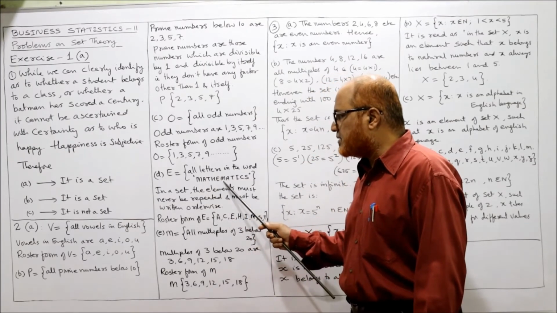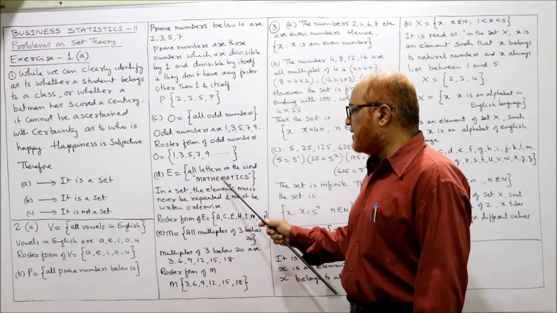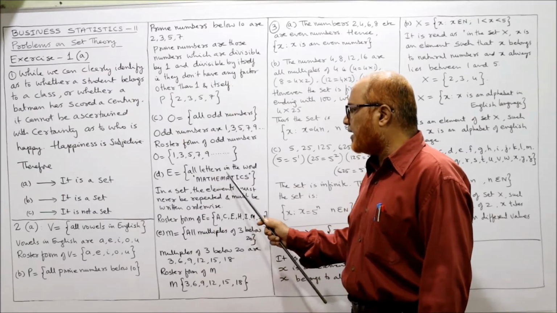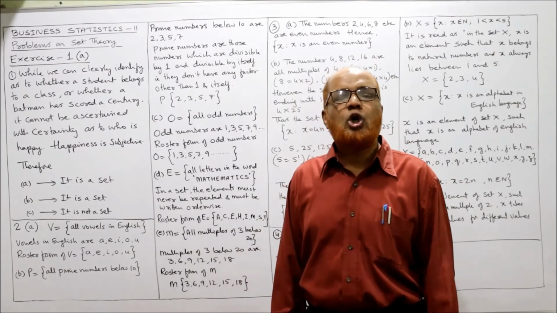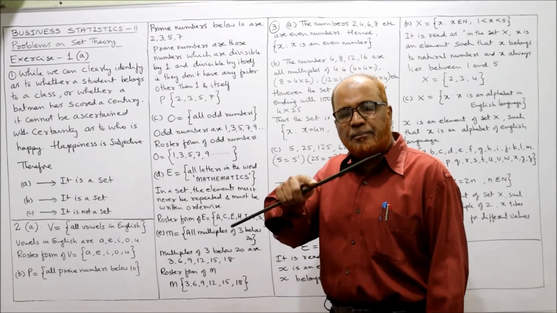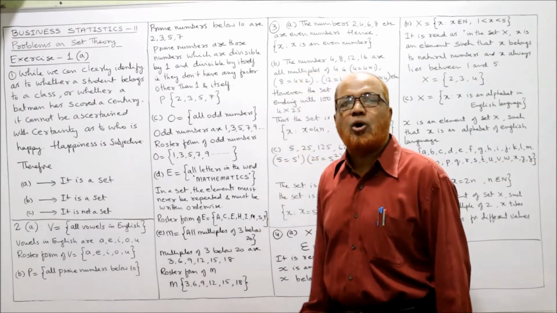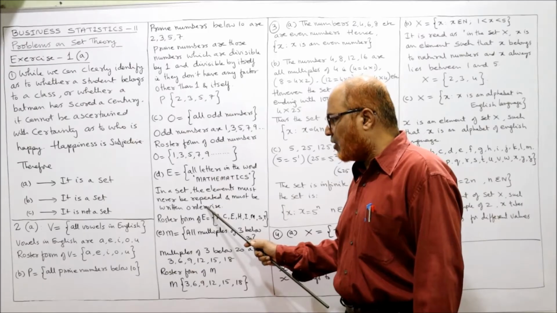Example, M is occurring twice. A is occurring twice. So in a set, the alphabet should not be repeated. Only once we should take. And it is better to write the alphabets in order also. In a set, the elements must never be repeated and must be written order-wise.